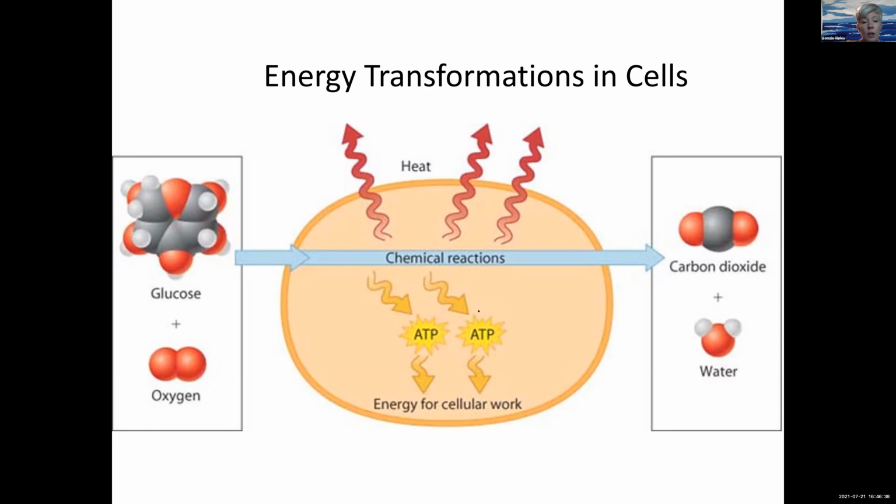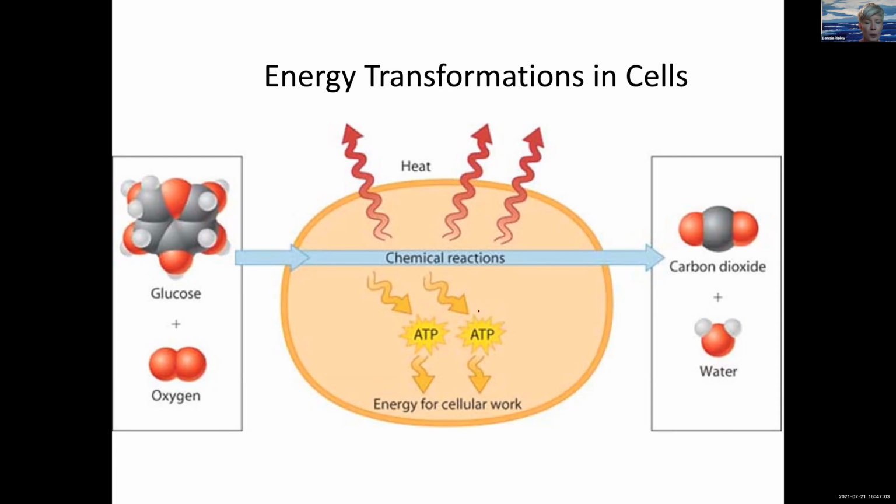Now, our second law of thermodynamics says we don't get something for nothing. Basically, in any chemical reaction, some of that energy is going to be lost as heat. Now, this cellular respiration reaction is extremely efficient compared to chemical reactions that are engineered by humans to do work.